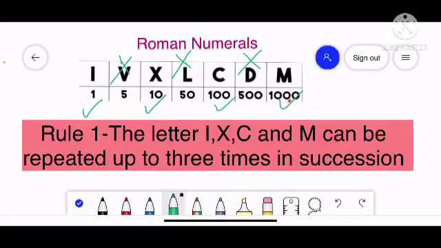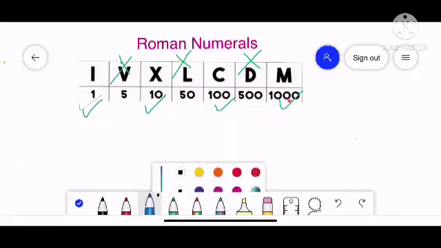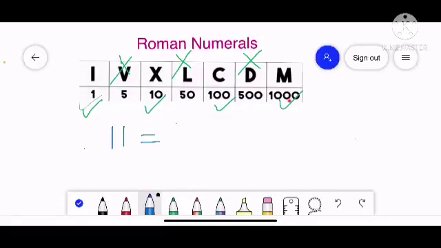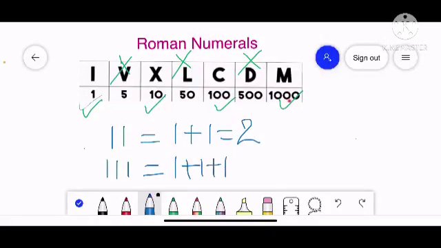For example, we can repeat I. I represents 1. Now, if I write II, it means 1 plus 1, that is 2. If I write III, that means 1 plus 1 plus 1, that is 3.